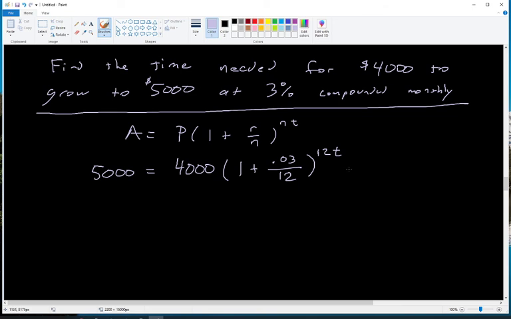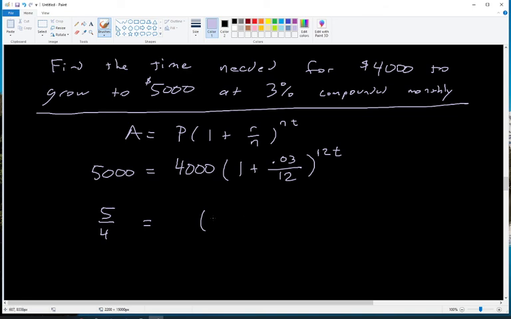So we want to solve this. I'm going to divide the 4,000 across. So I get 5,000 divided by 4,000, which is 5/4, equals, let's see, what is this decimal? I want to know what's 1 plus 0.03 divided by 12.